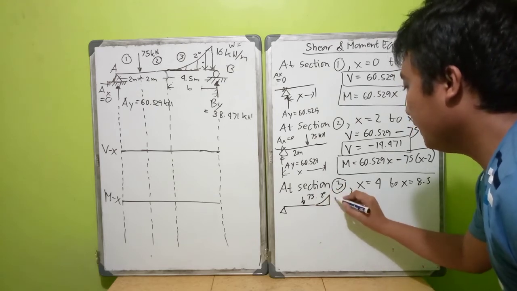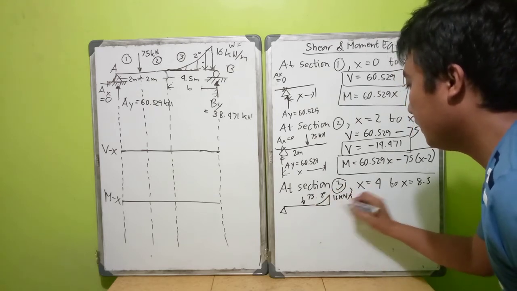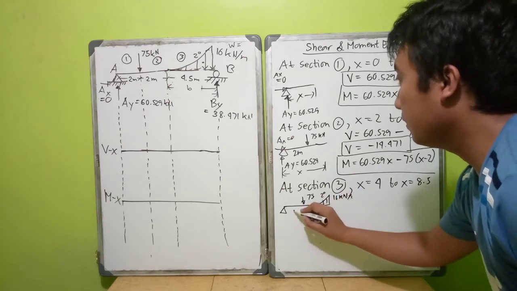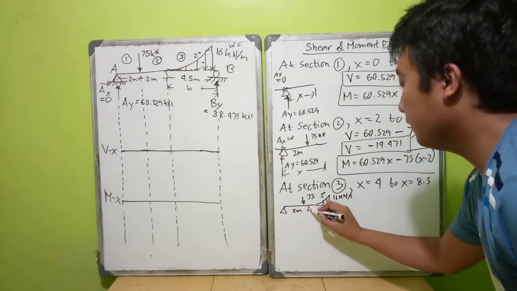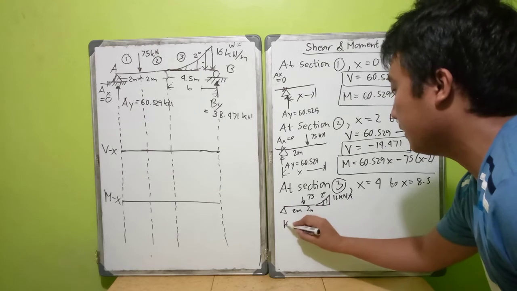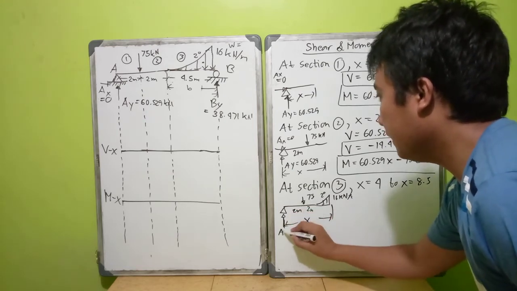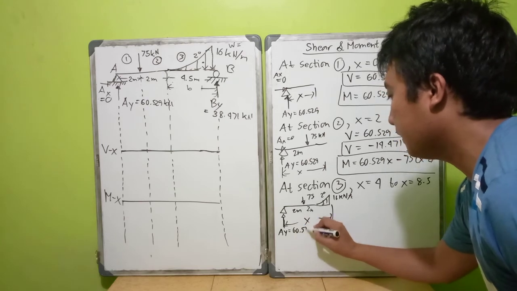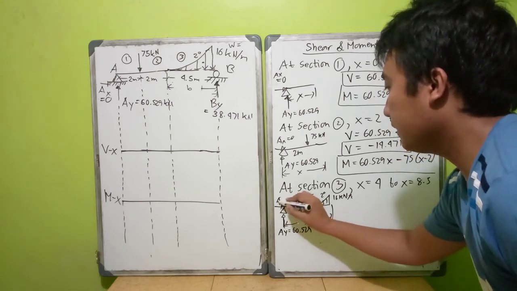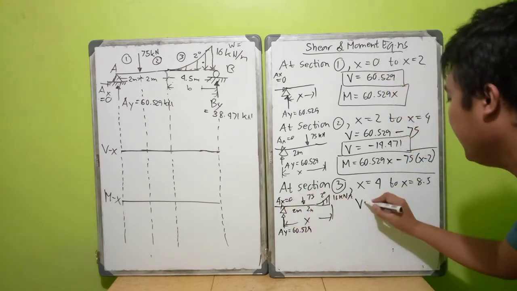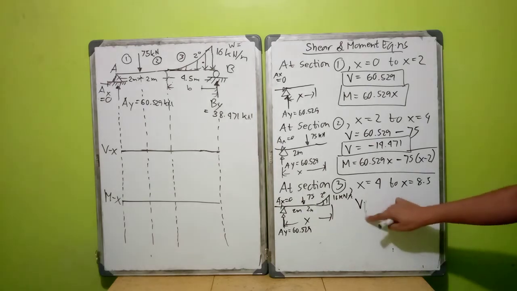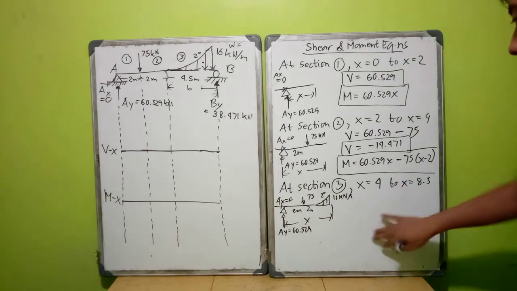It is a 2 degree curve, 16 kilonewton per meter. Okay. So we have 2, 2, and then we have X here. We have AY is 60.529. Okay, AX equals 0.